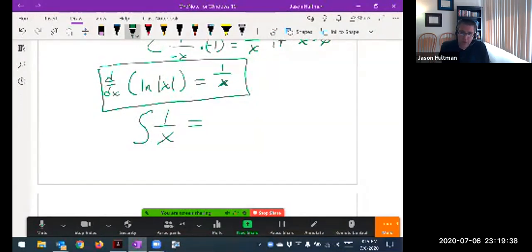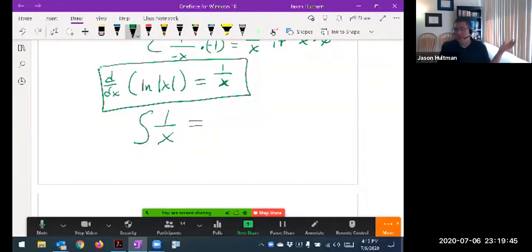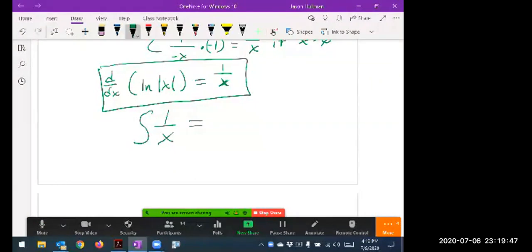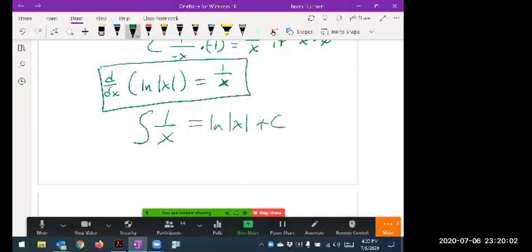If all roads in one direction lead to 1 over x, then shouldn't all roads in the opposite direction lead backwards to natural log of x? But don't forget the absolute value. Exactly. Natural log of absolute value of x plus c. Always plus c, okay? Always plus c.